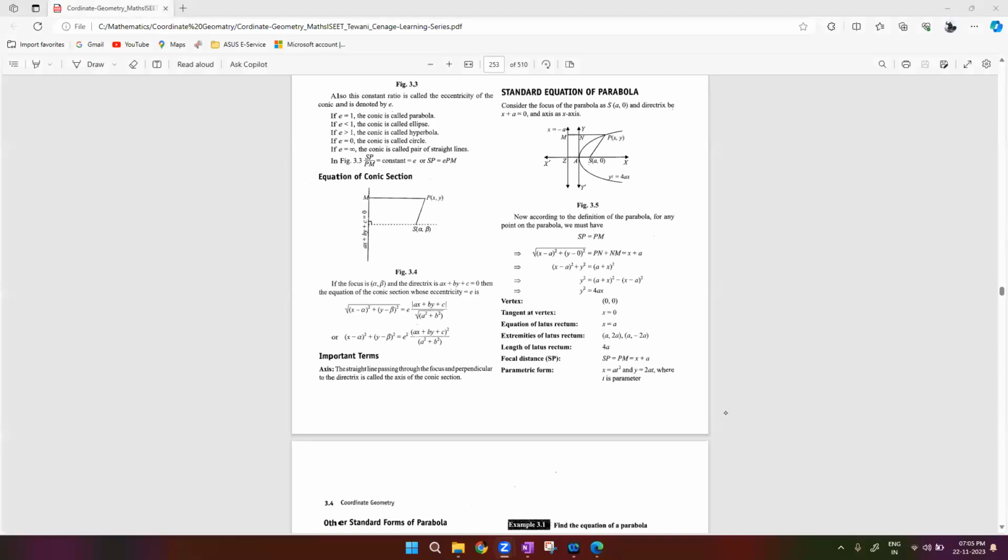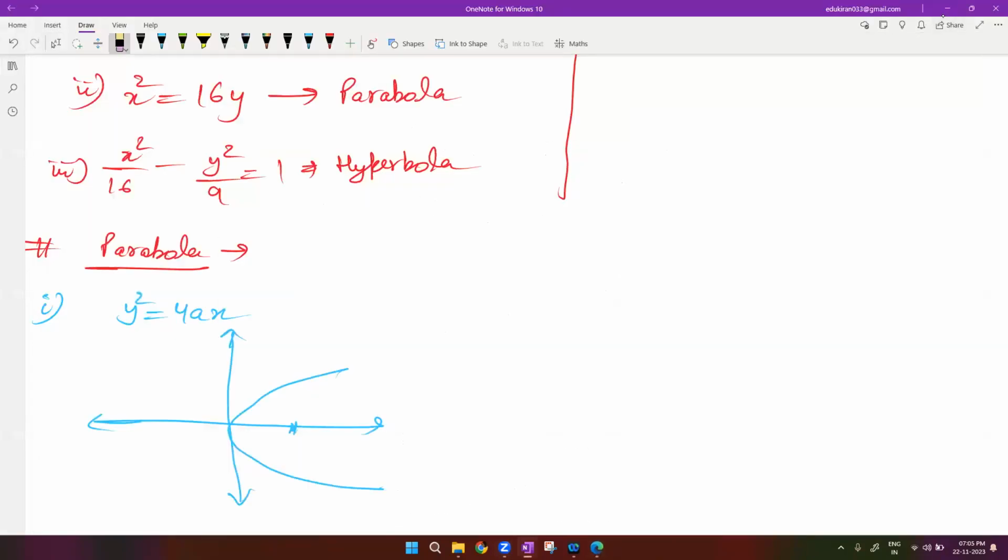I'll explain this. You should be able to understand from the book. But you can check it from here. First let me explain, then for the other forms I'll directly use the book.